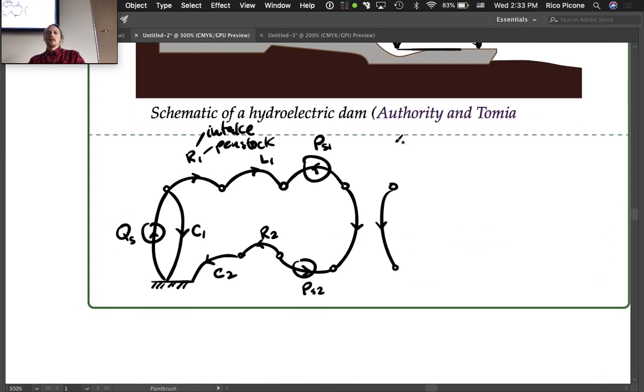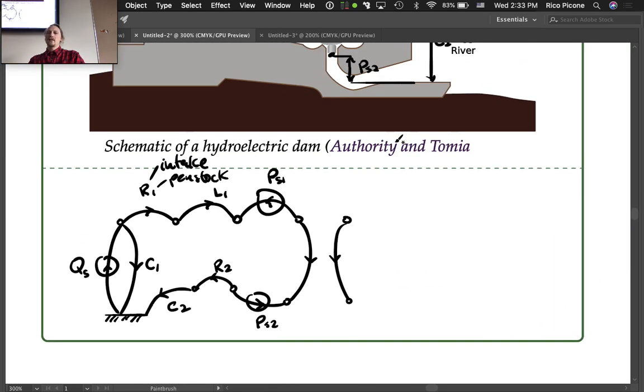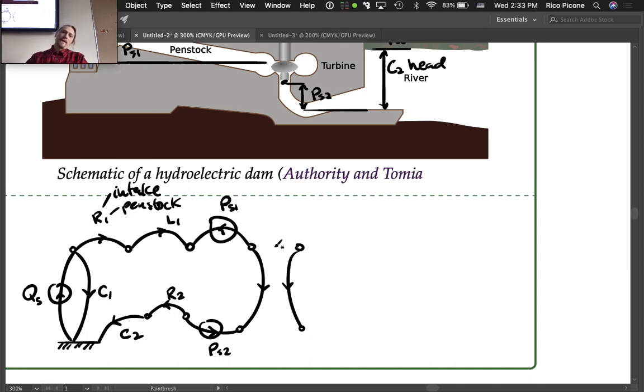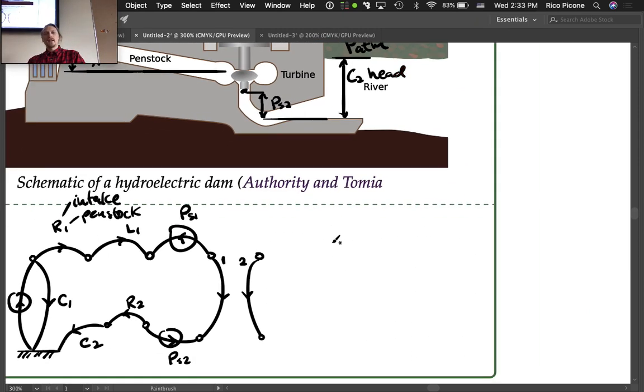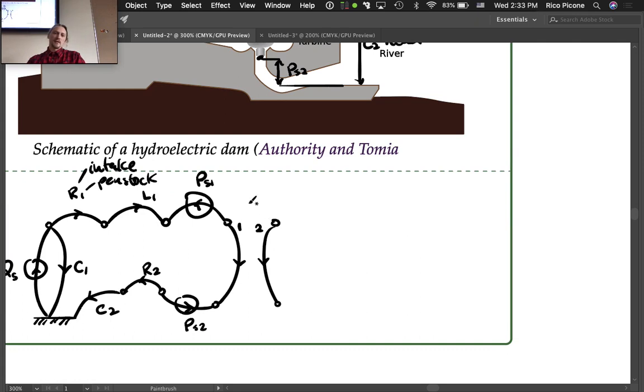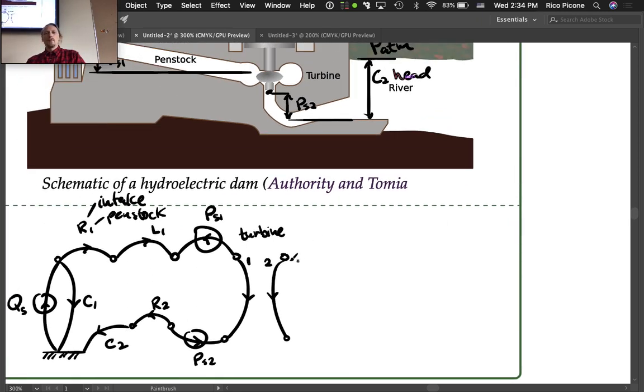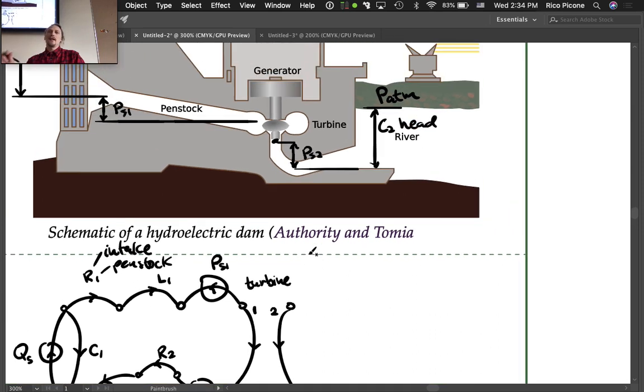Now, let's move on to the mechanical side. This transducer, let's call this side of it 1, that side of it 2. Then on the mechanical side, this is the turbine, so I could say turbine there. This turbine's going to spin.